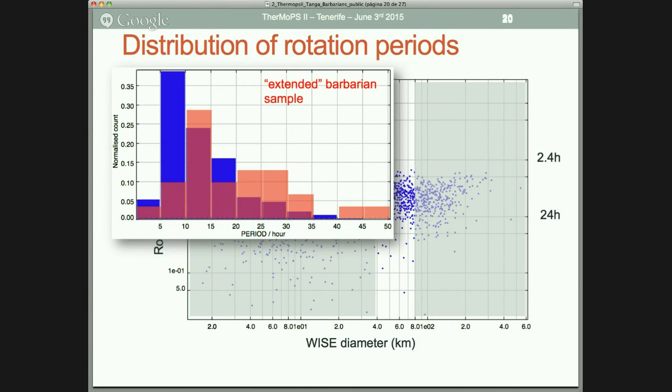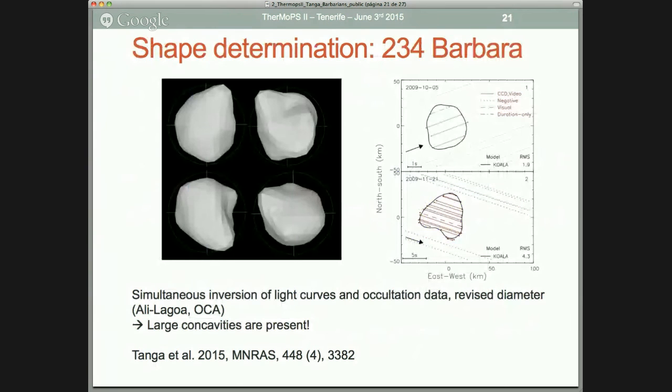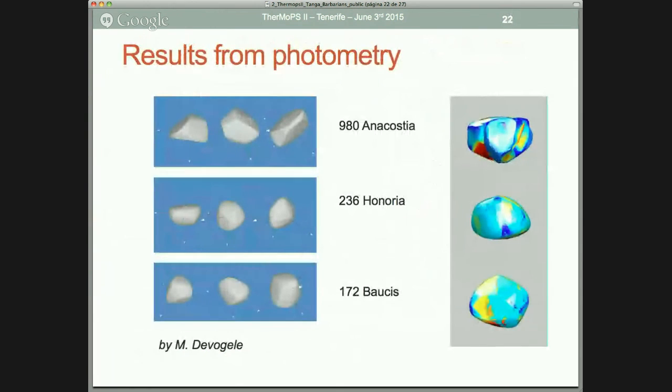So we have other results in preparation for other Barbarians for which we don't have occultations, but we will exploit the method Maxime illustrated to look for the signature of possible concavities. And also, we are trying to figure out an interpretation for this.